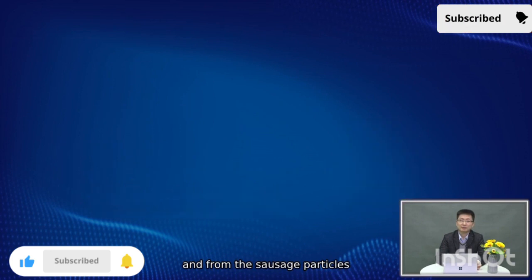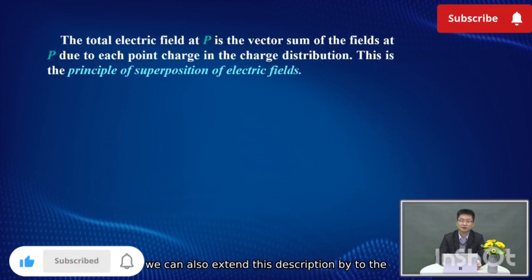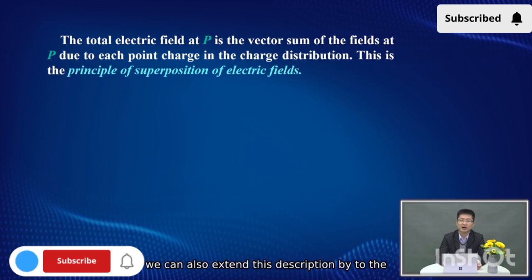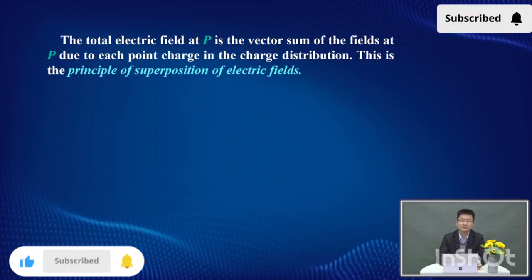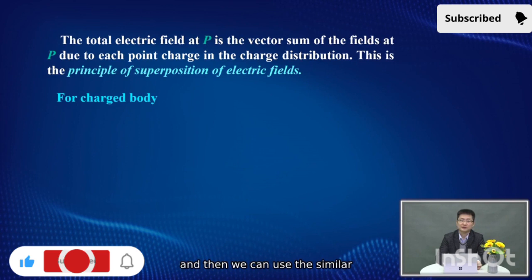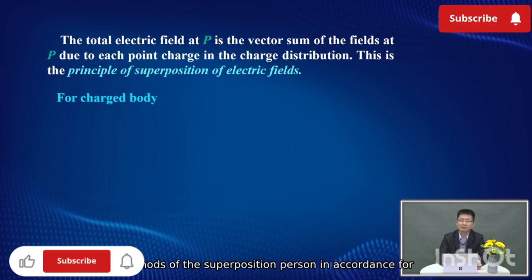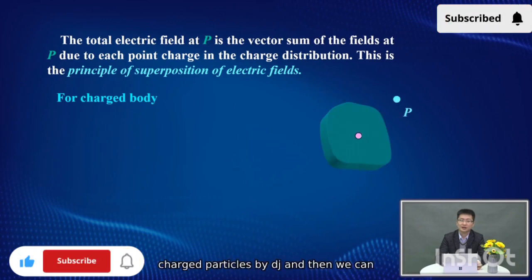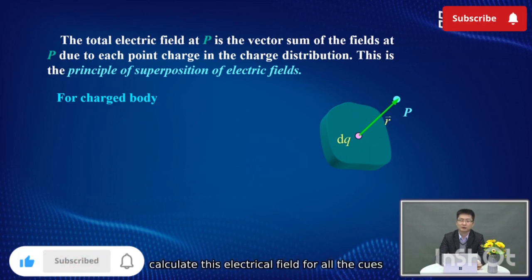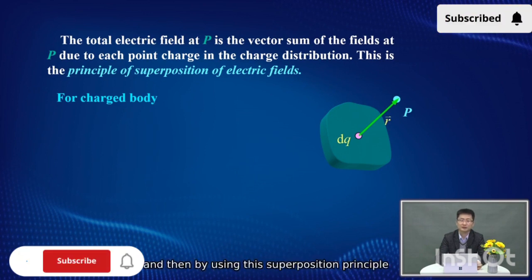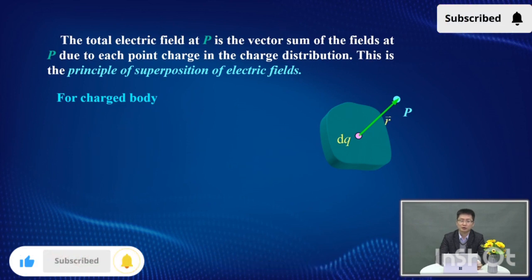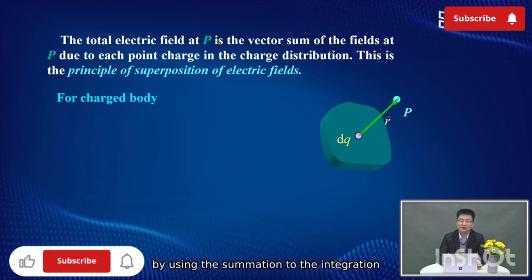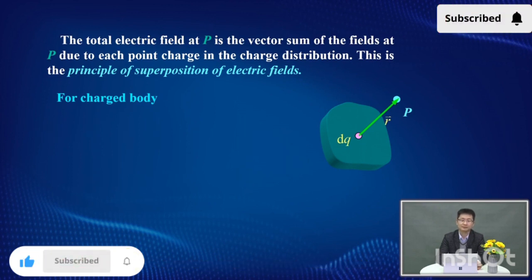From point charges, we can also extend this description to charged objects. We can use similar methods of the superposition principle with Coulomb's law. We divide the object into small charge elements dq, calculate the electric field for each dq, and then use the superposition principle to calculate the whole field, turning the summation into an integration.